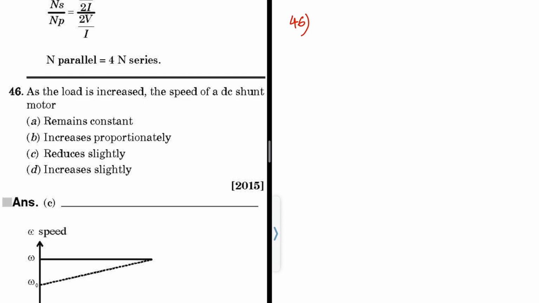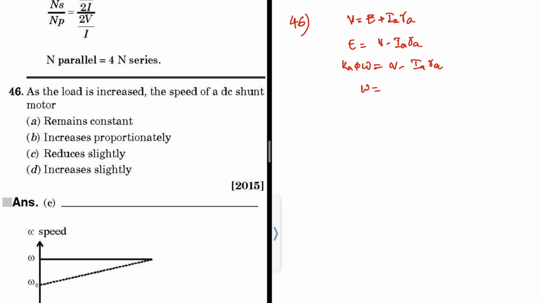If you write the voltage equation of the DC shunt motor, we know that V equals E plus IaRa. So E equals V minus IaRa. E can be written as KφΙ times omega, equal to V minus IaRa.